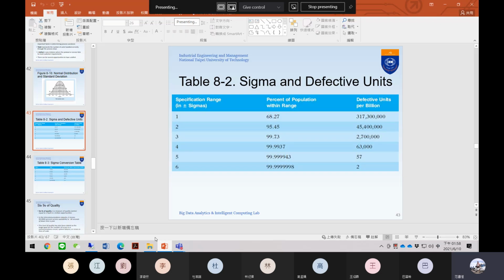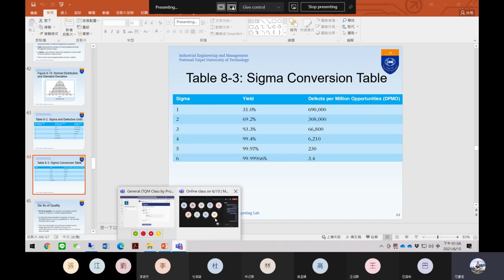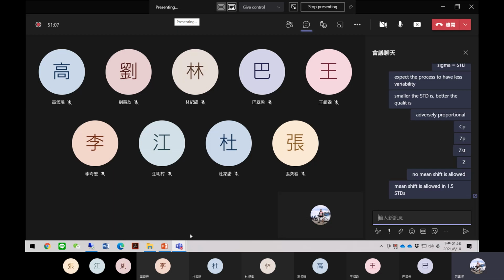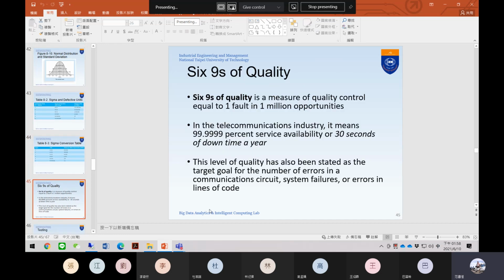In this table, DPMO, the mean shift is allowed, up to 1.5 standard deviations. So this is the difference between these two tables.